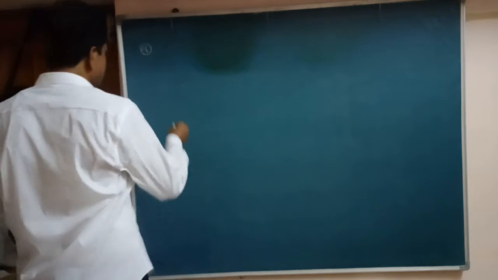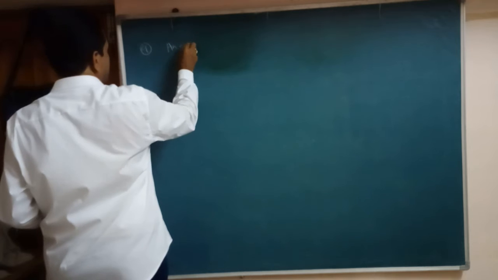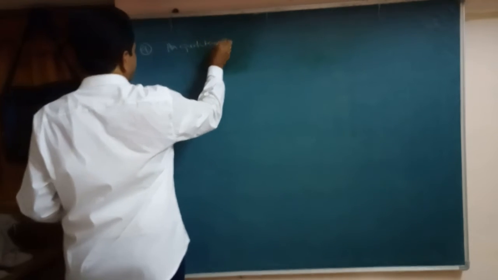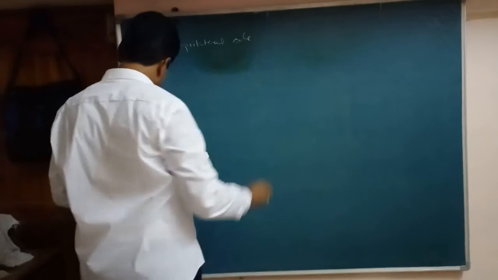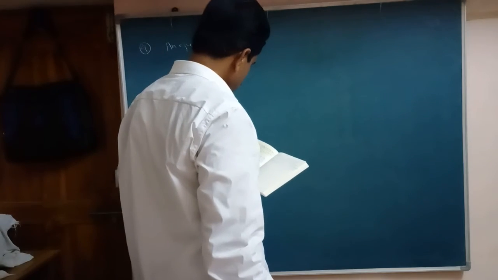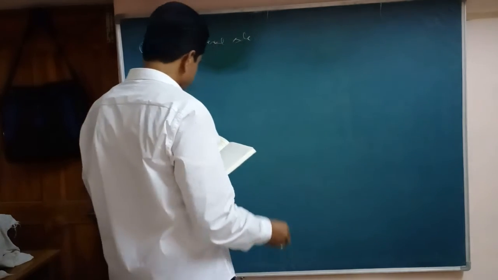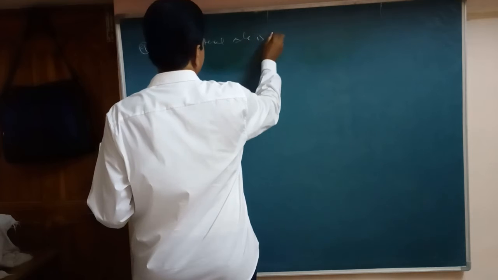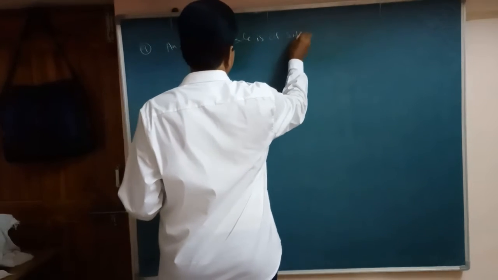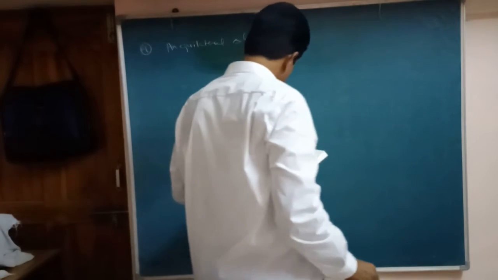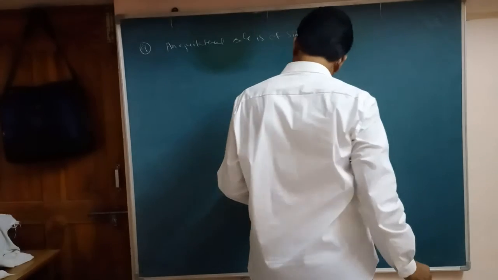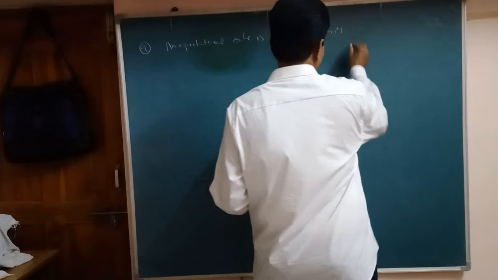Next. An equilateral triangle is of side 10 units.